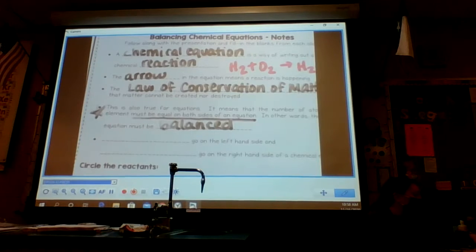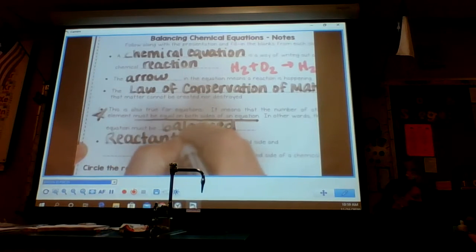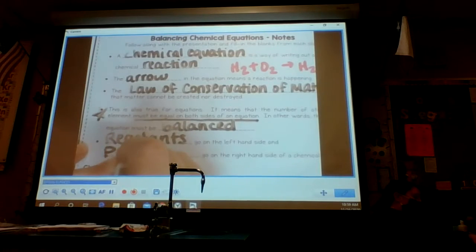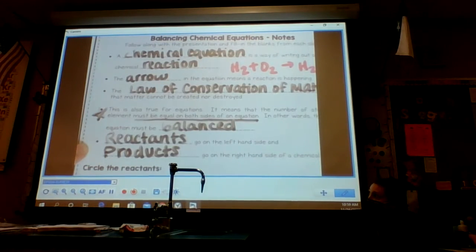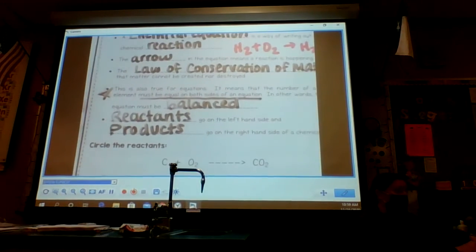So in an equation, we have reactants on the left side, and products on the right side. We're going to see what this looks like in just a second. Reactants go on the left-hand side, products go on the right-hand side.